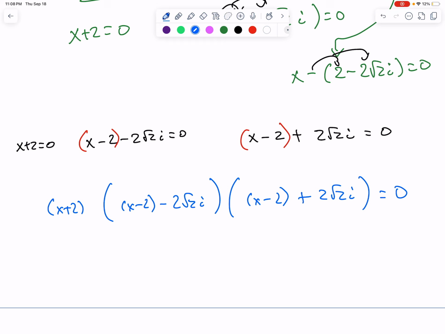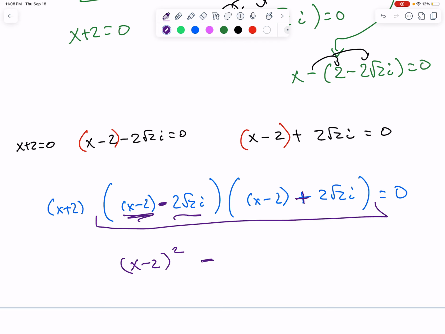And so what we want to do is FOIL this out. The real important part is that you want to focus on this part here first. Notice, because this is a minus and this is a plus, you have the difference of squares, which means all I have to do is square that, minus, and then square the back one.